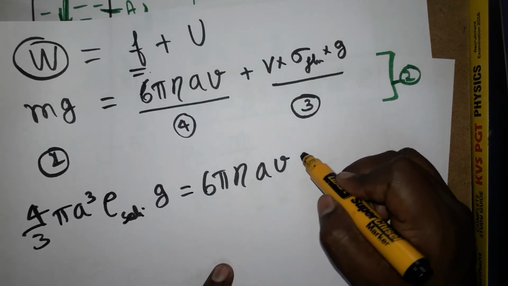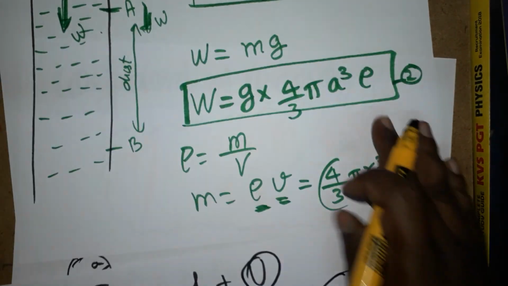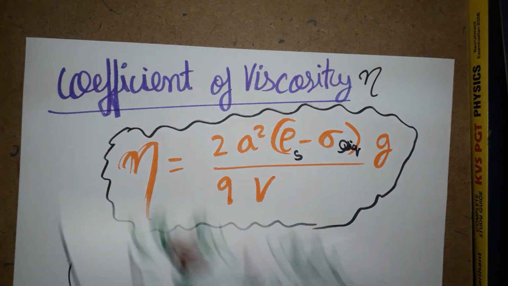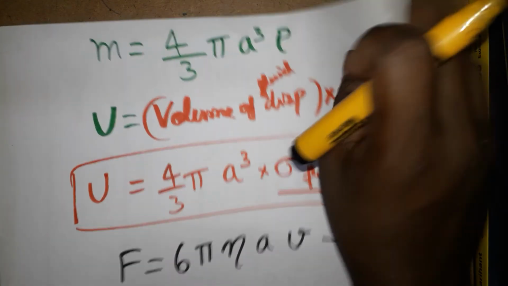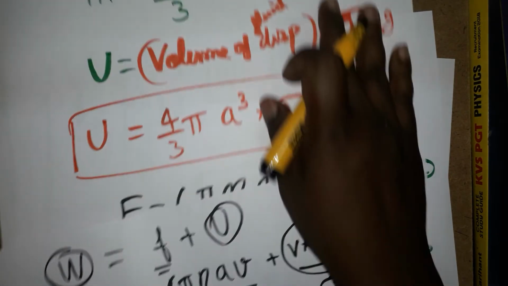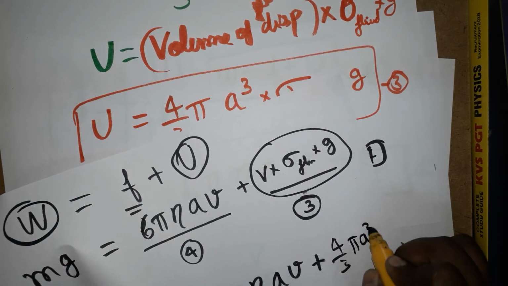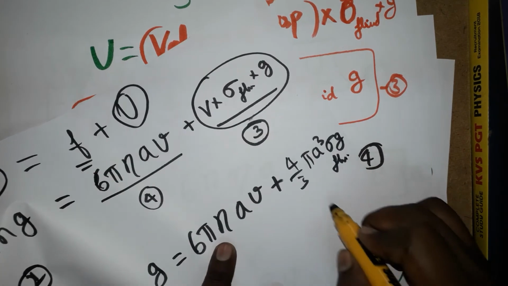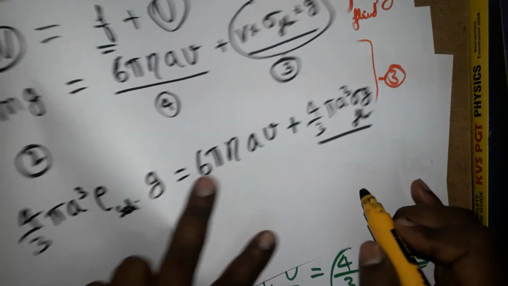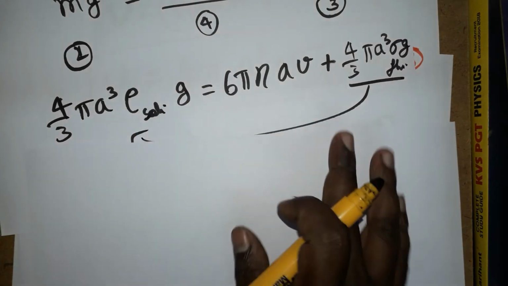And this is the place of the upthrust force, which I gave as equation number 3. I am going to substitute here 4 by 3 pi a cube sigma times g, with the density of the fluid. From the left-hand side I am bringing it across, and we get a solution where both terms have the same factors except density.